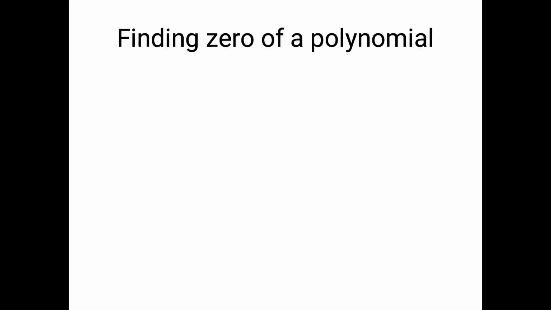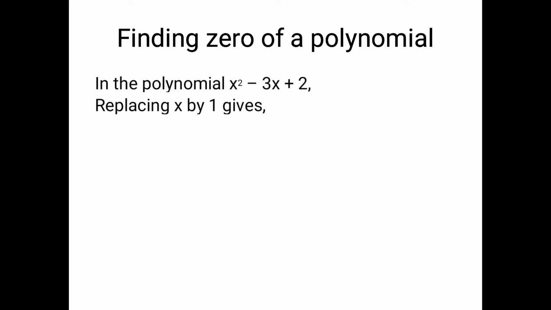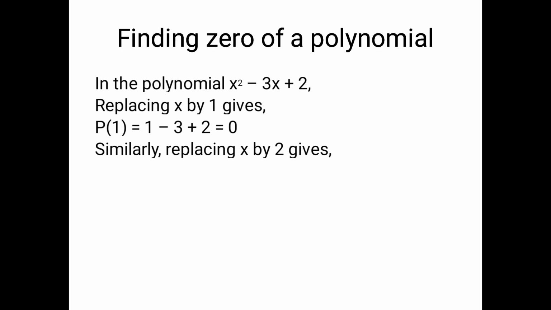Finding zeros of a polynomial. In the polynomial x raised to the power 2 minus 3x plus 2, here it is a quadratic polynomial. If we replace x by 1, then we get p of 1 equal to 0. Similarly, replacing x by 2 gives p of 2 equal to 0.